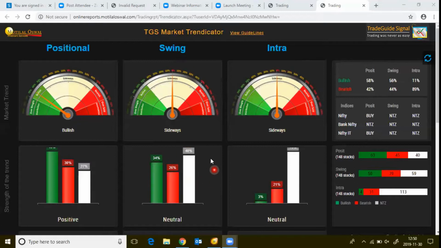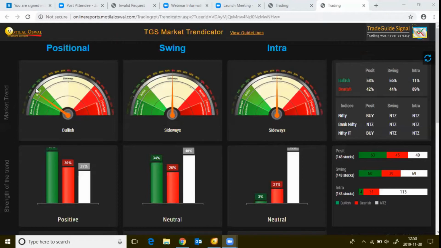Here the strength of the trend is highest for the NTZ stocks. 40% of stocks are in the NTZ zone, which means the non-trading zone. As the second condition is not getting satisfied, it is not pointing towards the bullish zone, even though more than 50% of stocks are showing bullish. So it is pointing towards the sideways zone.